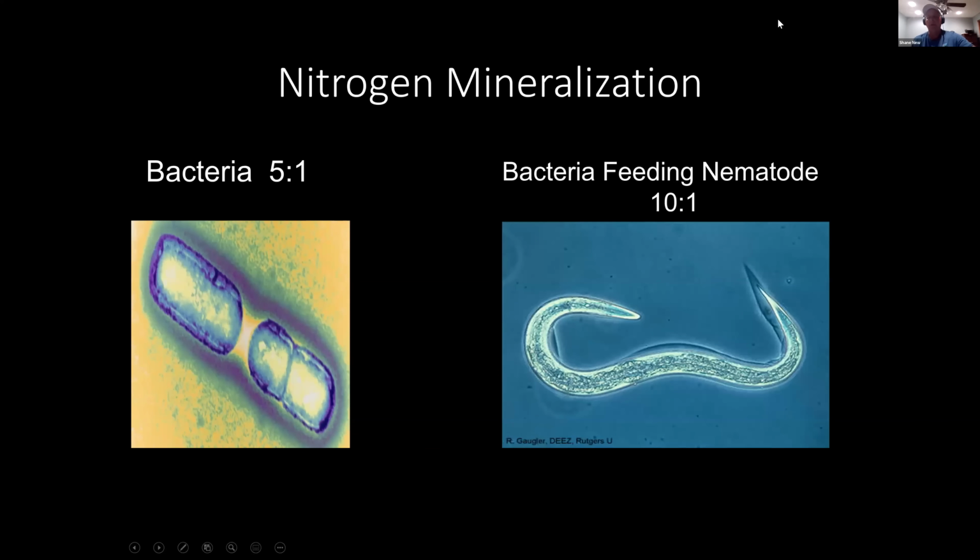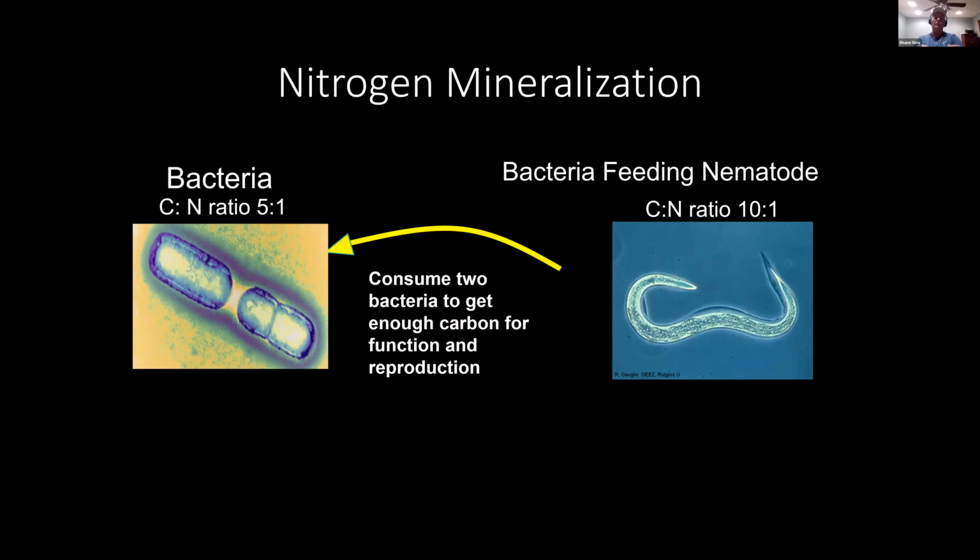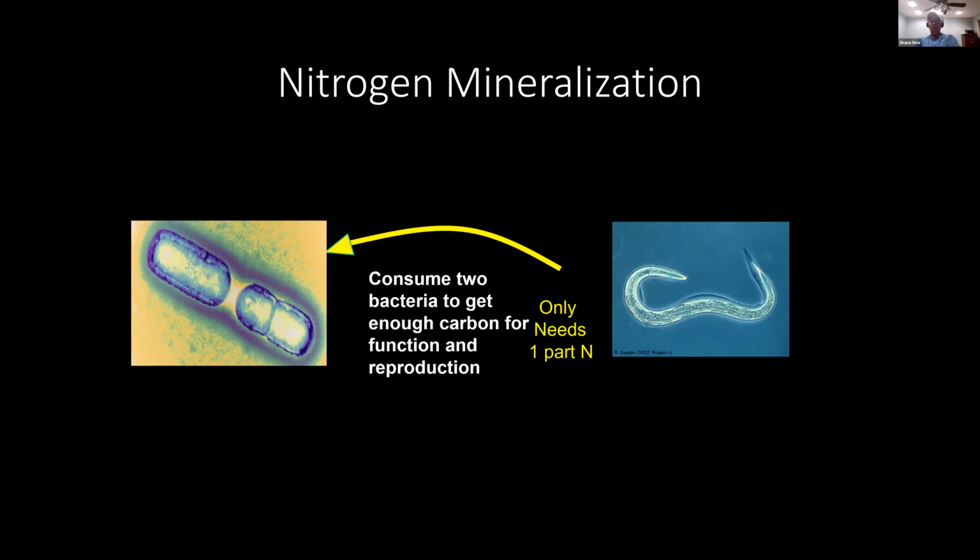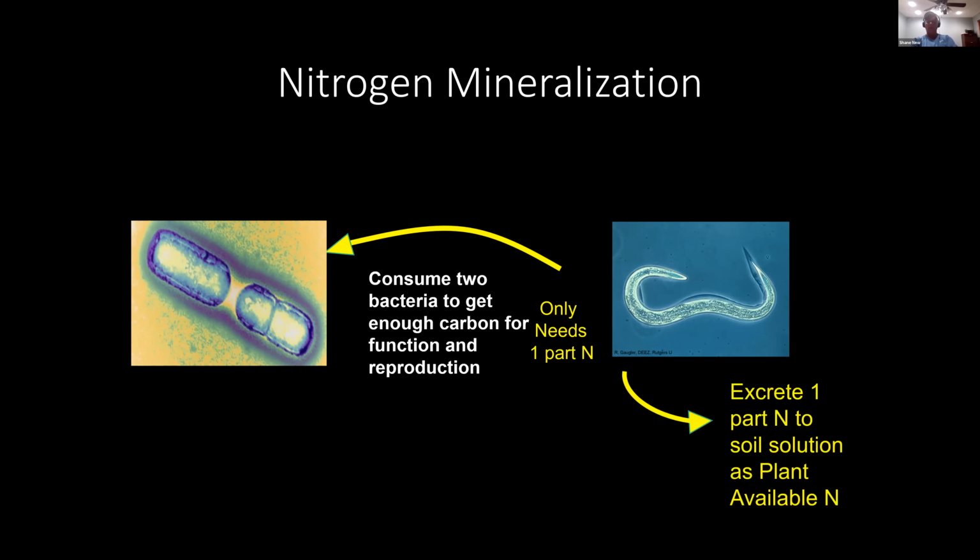So what's going to happen when that nematode consumes that bacteria? How many bacteria does he need to consume in order to meet his carbon to nitrogen ratio? Well, the nematode needs to consume 2 of those bacteria. But now he's got extra nitrogen within his system. So what's the nematode going to do with that excess nitrogen?